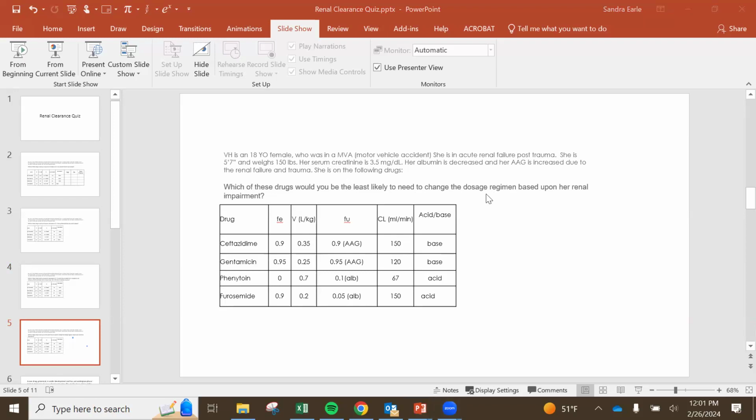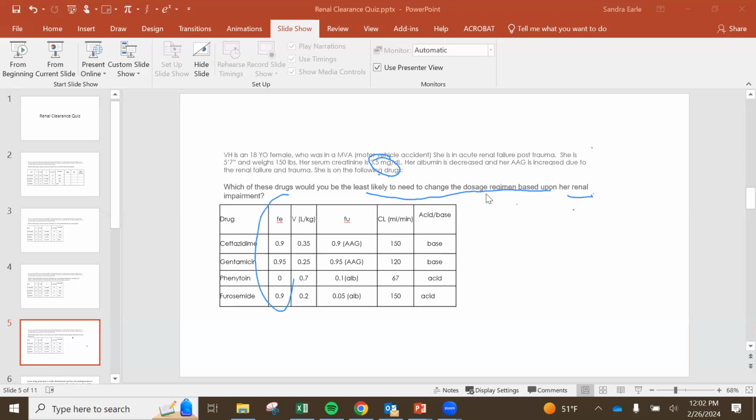Okay, so VH, which of these drugs would you be least likely to need to change the dosing regimen based upon her renal impairment? All right, she has renal impairment. We know that because of the 3.5 milligrams per liter of her creatinine, and we didn't even figure out her actual creatinine clearance yet. Maybe we're asked to do that. We should be able to do that though, right?